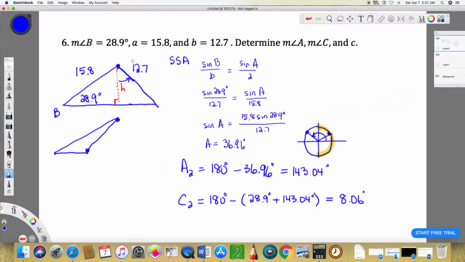So now we have the three angle measures for the second triangle, and we need to find the length of side C.